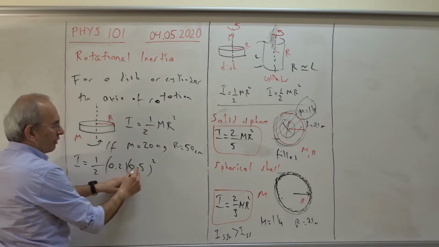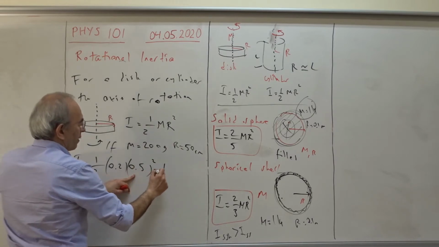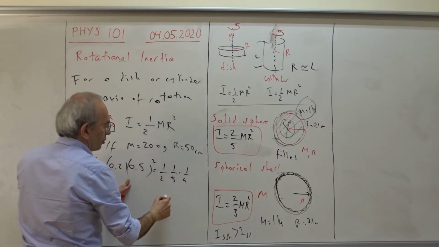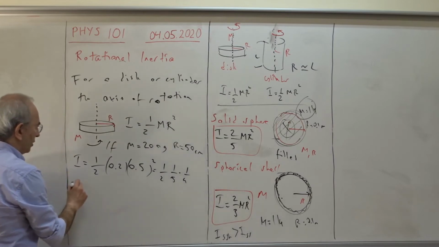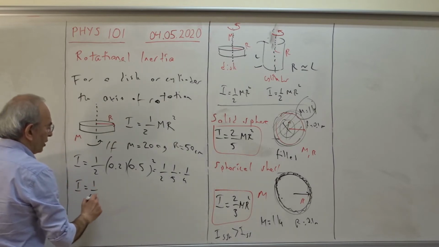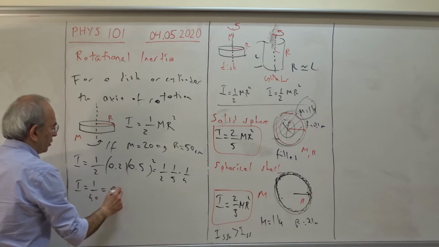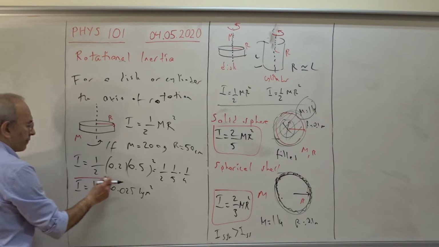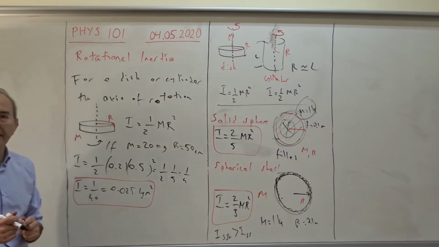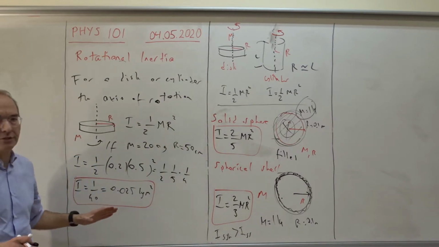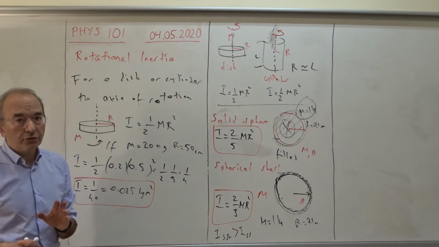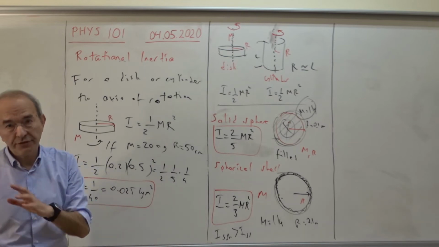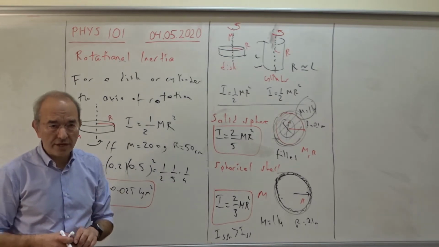This is 1/2 times 1/5 times 1/4, so 1/40. So I is equal to 0.025 kilogram meter squared. Numerically, we can find the values like this. But don't forget to convert grams to kilograms and centimeters to meters if they are given in other units.